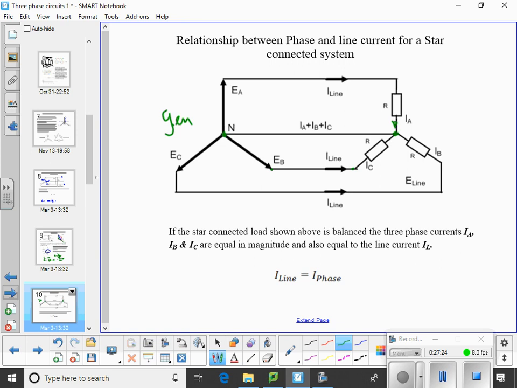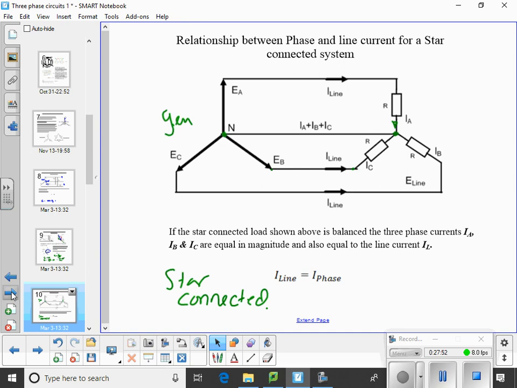So in star connected systems, I line is equal to I phase. You've got to try and remember, be able to sketch a diagram and see that all that current going down that line has to go through one load.